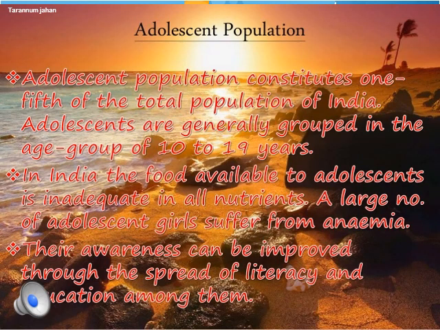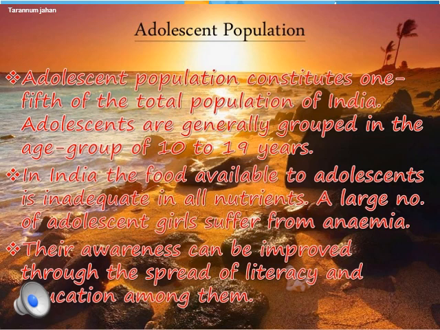The next is the adolescent population. The age group of 10 to 19 years is considered the adolescent population, and it constitutes one fifth of the total population of India. They are the most important future resource for our country. The nutrition requirements of adolescents are higher than those of a normal child or adult.